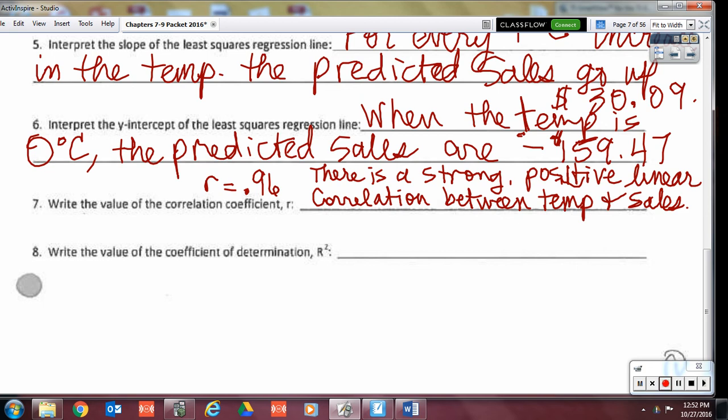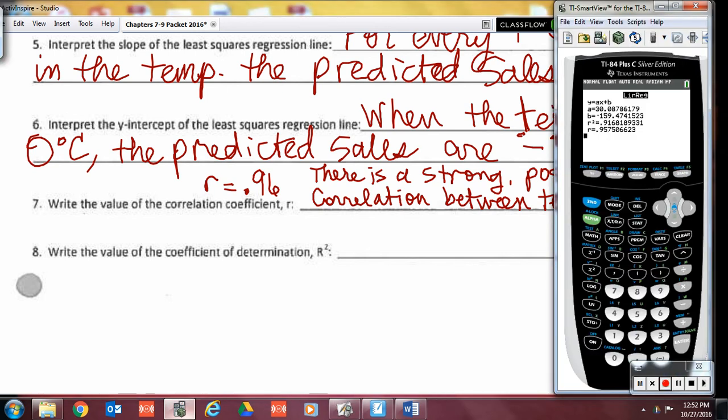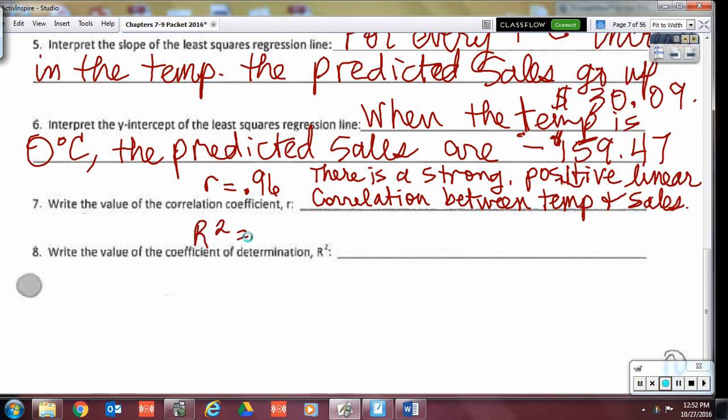Okay, next is R squared, which literally is the R value squared. So in this case, we'll go ahead and write that down. In this case, R is 0.96. Here, if you square 0.96, you get the number 0.92, so R squared equals 0.92.